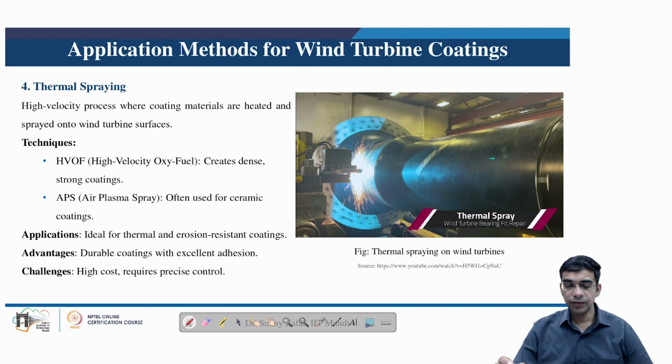So these are ideal for erosion and corrosion resistance on the towers of the wind turbine, which generate durable coating with excellent adhesion. However, these methods may require high cost and precise control. Here in the schematic, the photograph, we can see thermal spray method being done on the tower of the wind turbine.